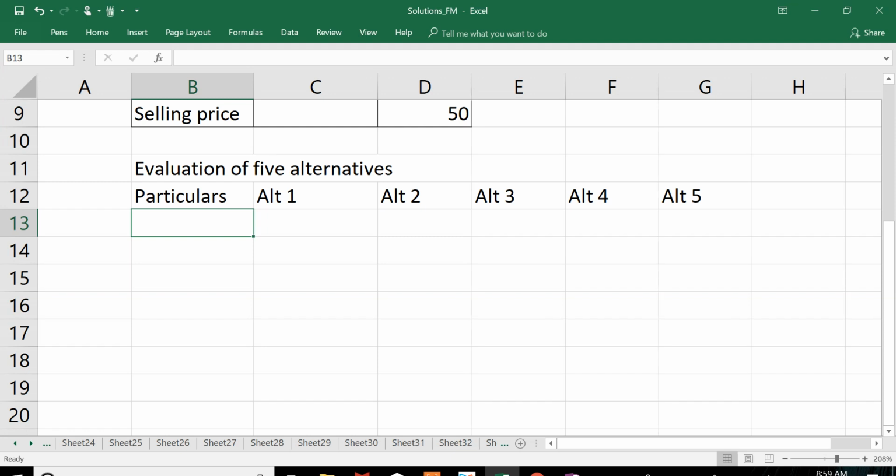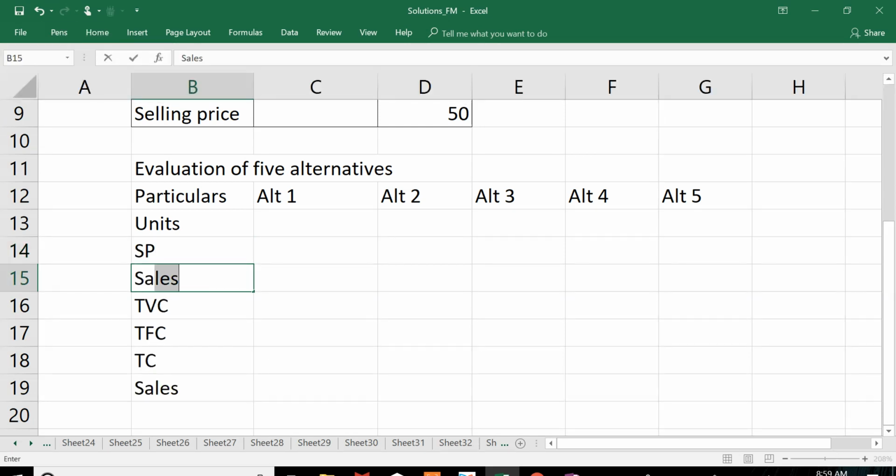I'll give you the format, listen for some time and then quickly fill it. Units, total variable cost, total fixed cost, total cost, sales. I'll capture the selling price and sales here.